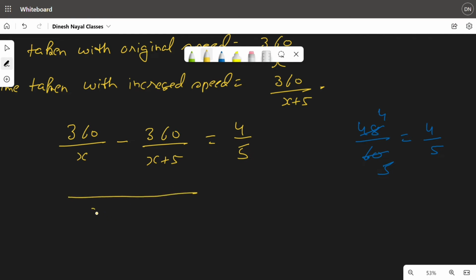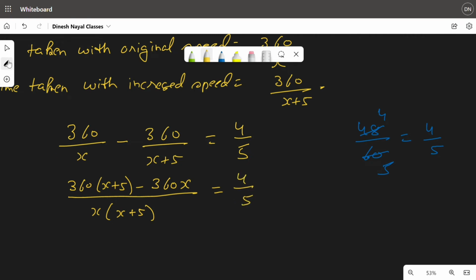We can take LCM x of x plus 5. This will be 360 of x plus 5 minus 360 of x equals 4 by 5.